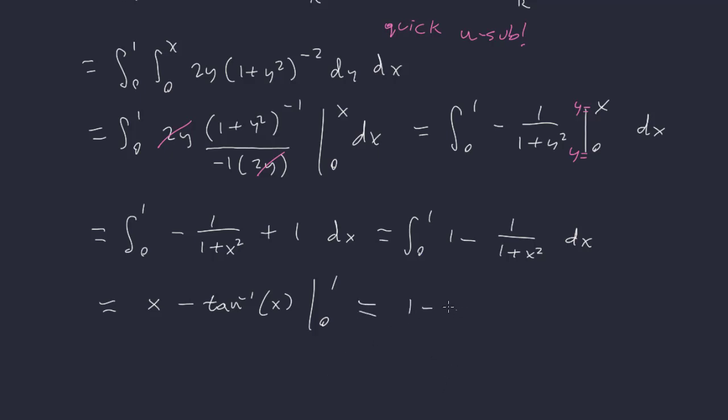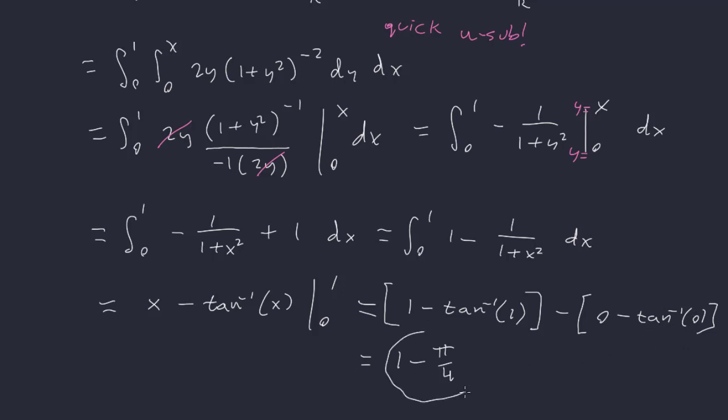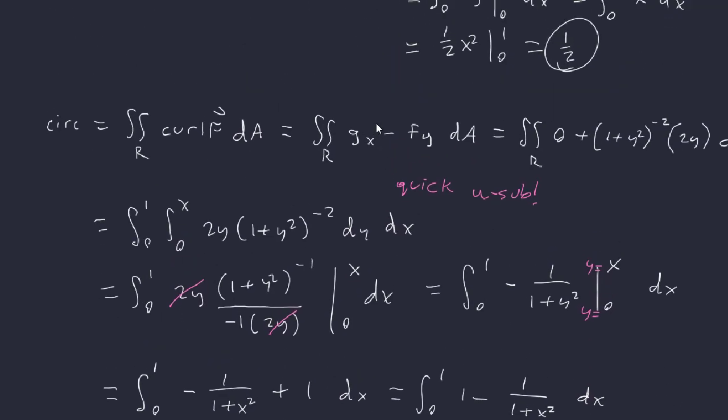So it'll be 1 minus tan inverse of 1, minus 0 minus tan inverse of 0. Okay, so tan inverse of 1 is pi over 4, since that's the angle that makes tan equal to 1, and tan inverse of 0 is 0. So our final answer here is 1 minus pi over 4, and that is our circulation.